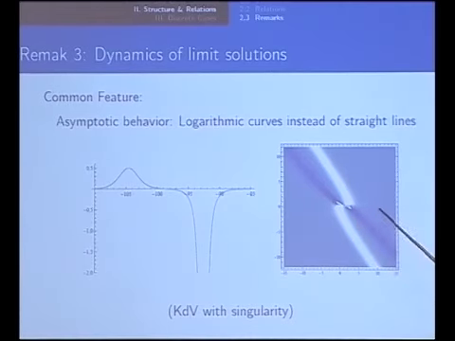And this is KdV, and here it is a singularity, and for this line, singularity, and this is normal solitons, and these are also logarithm curves. This is limit breathers.